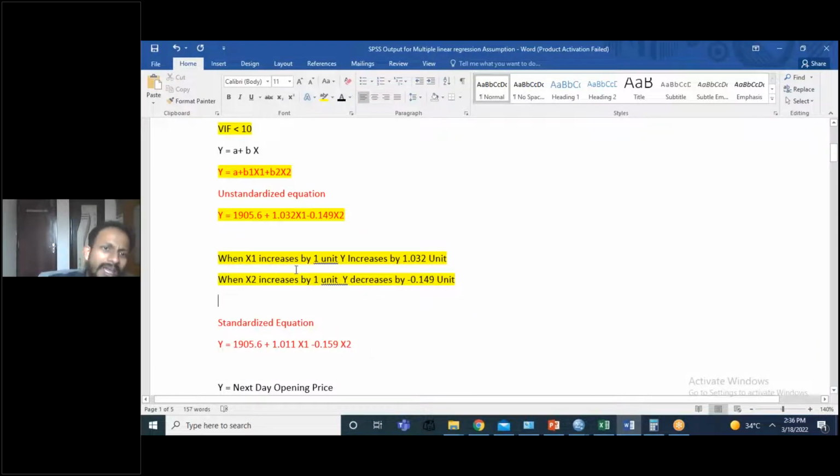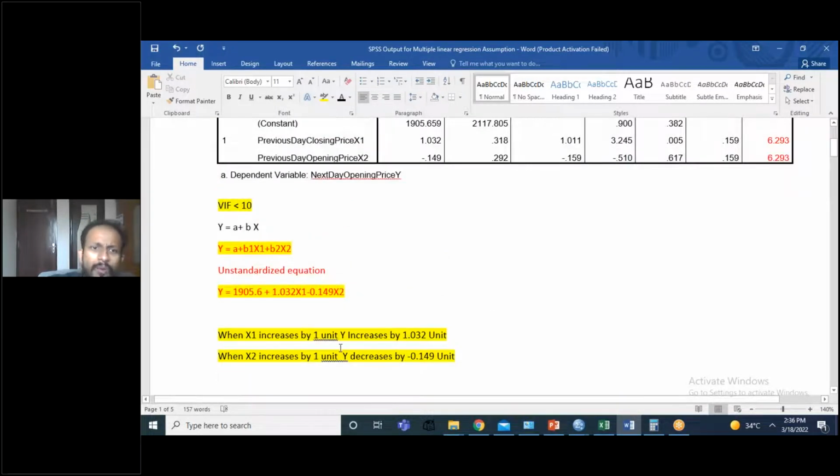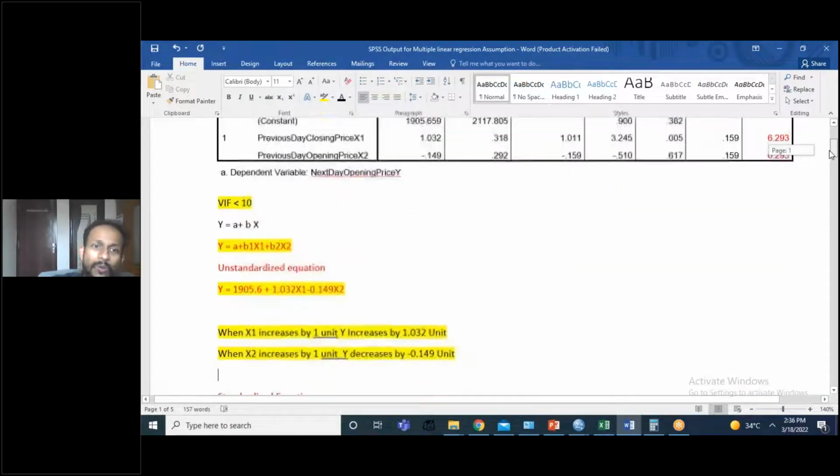What does it indicate? The first one talks about the positive relationship that x1 has on y, which indicates that when x1 goes up by 100%, y goes up by 103%. This is the positive relationship between x1 and y.